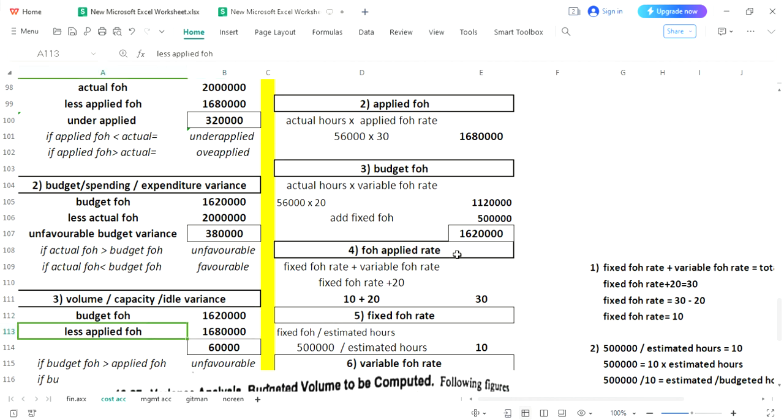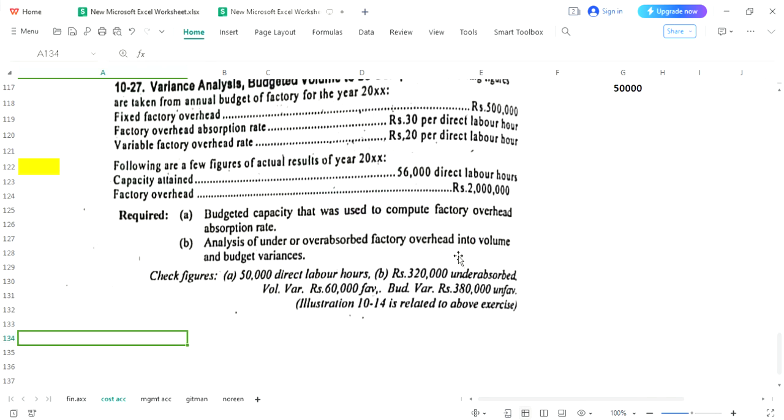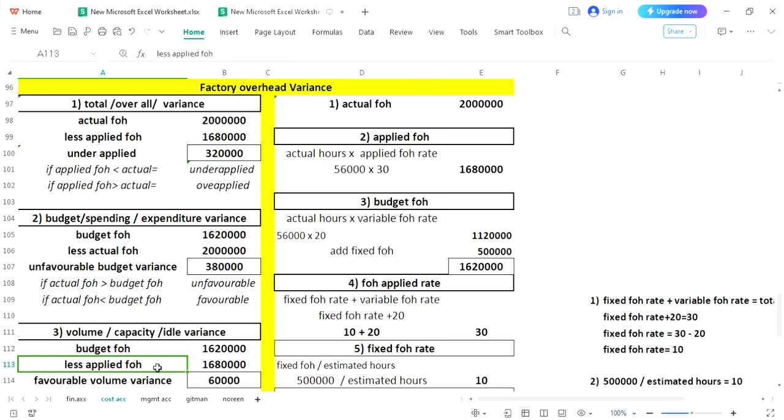Less was the budget. So if budget is less, it means it will go in your favor. So you will write favorable volume variance 60,000. Let's see what is answer. You can see over here volume variance 60,000 and it is favorable. So come over here, 60,000 is calculated and it is favorable.